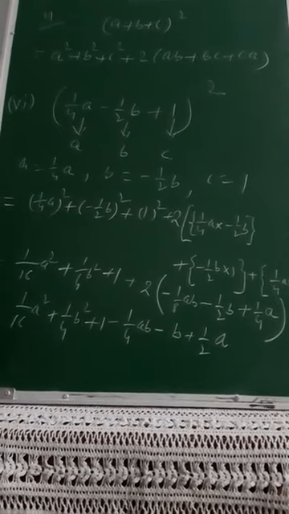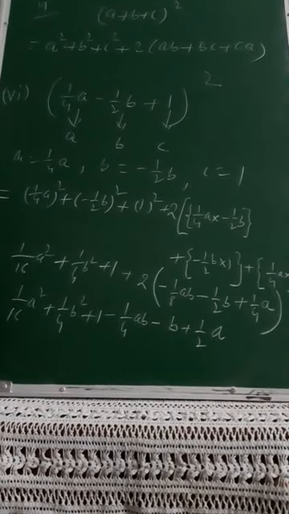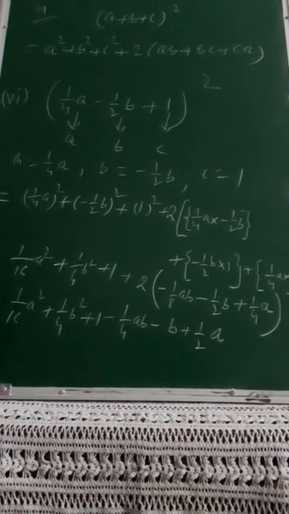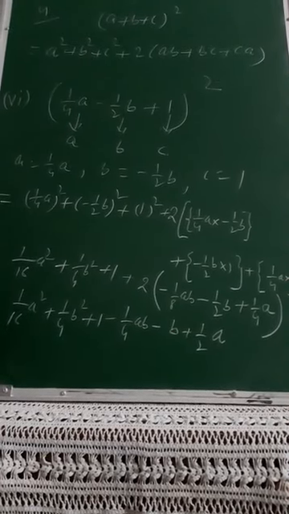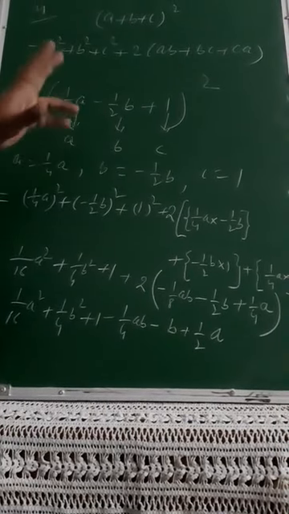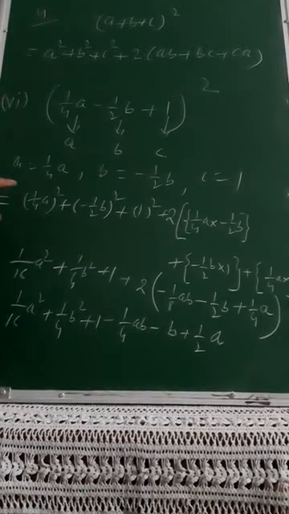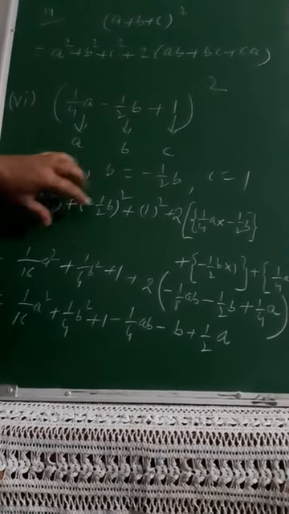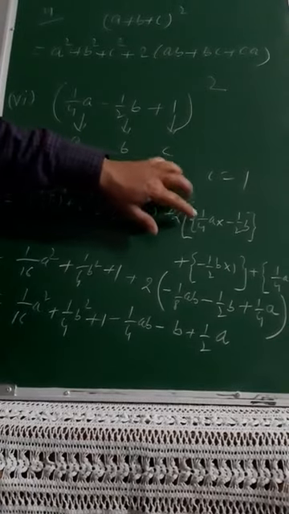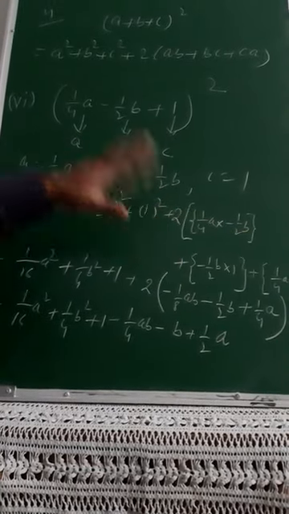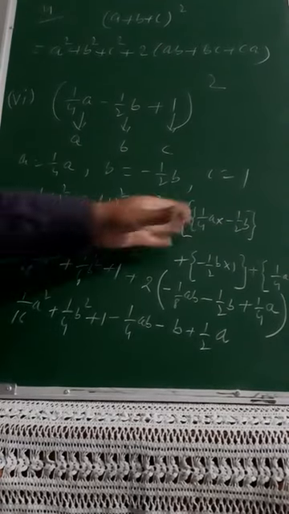So the remaining 3 parts I have left to you, and you need to keep a watch how to apply this, especially when it is of minus sign. Any value out of 3 is consisting of the negative sign. So I told you, apply the identity in the form of this standard form only: A square plus B square plus C square plus 2AB plus BC plus CA. 2 I have taken once outside the bracket, and then do these calculations.